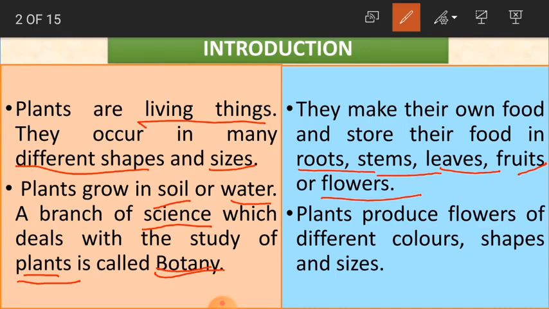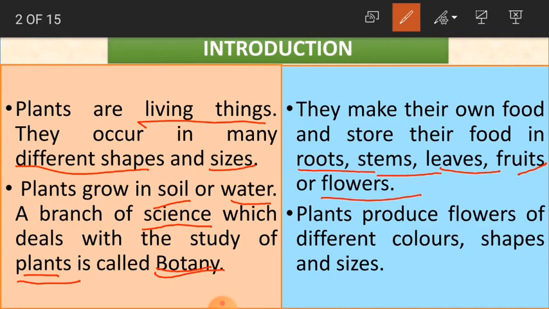And plants produce flowers of different colors, shapes and sizes. Yes, plants produce flowers. So many flowers with beautiful colors we will be able to see, because plants produce different types of flowers in different shapes and sizes.